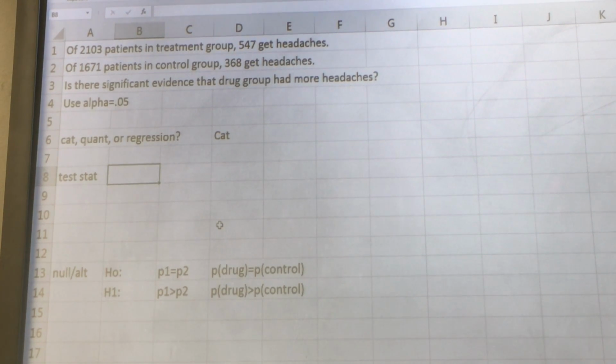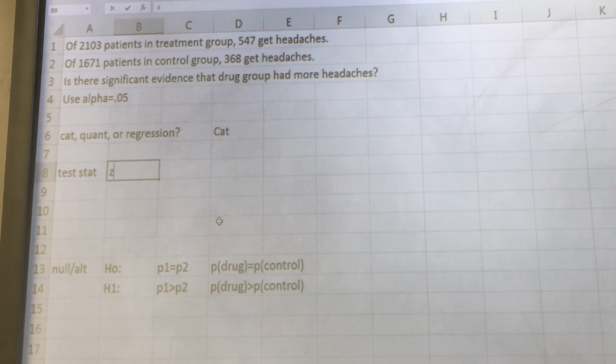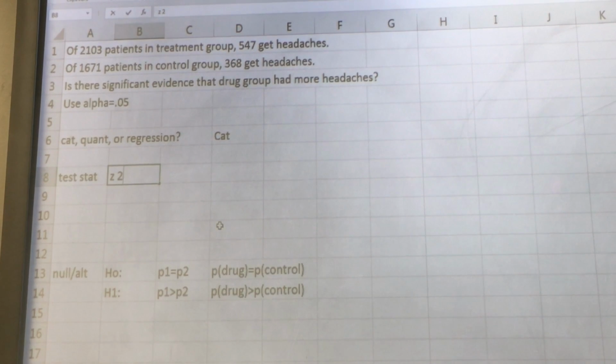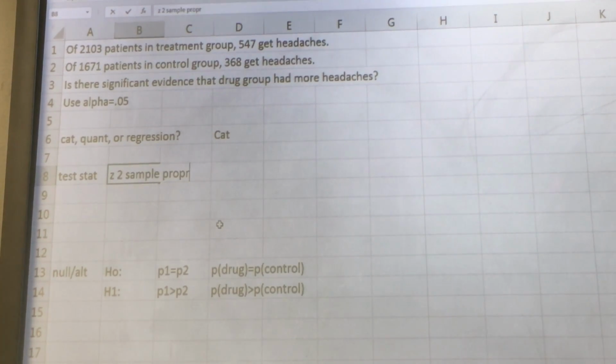So I should be checking that they're huge, so I'm not going to worry about it. So what should it be? It's going to be a Z test. Now, this is a two sample proportion, so it's going to be a Z test two sample proportion.